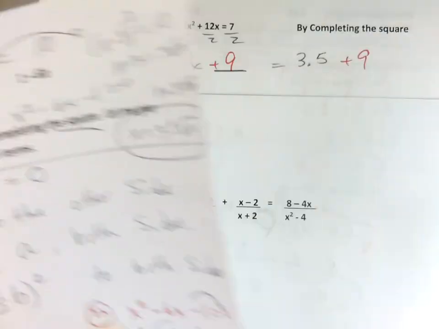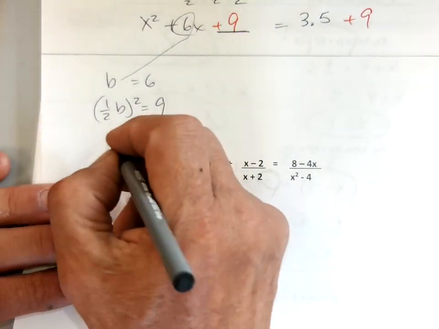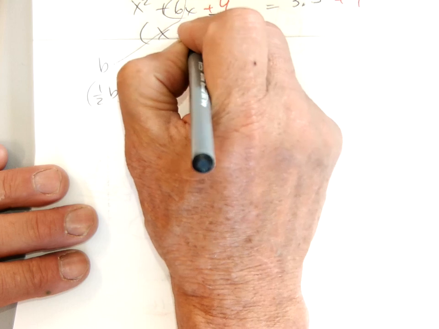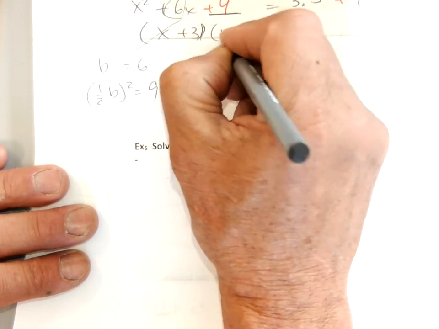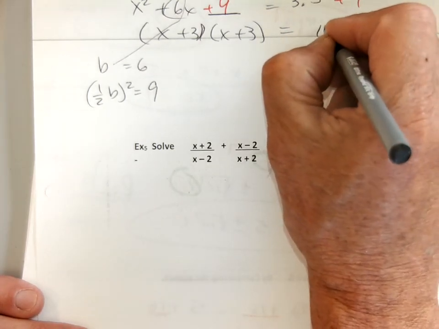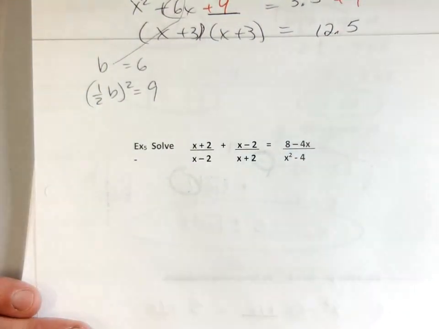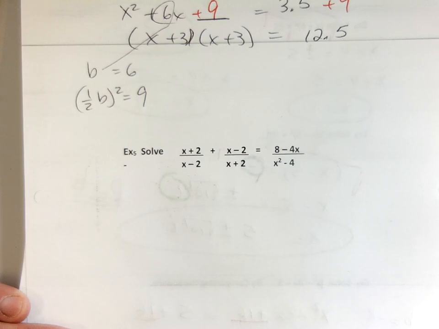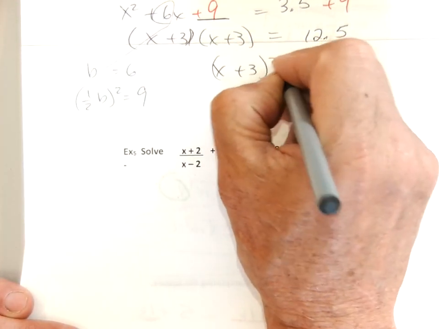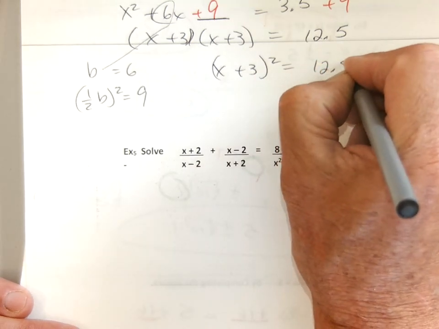Okay, now factor. I can factor. So that'll factor into x plus 3, x plus 3 equals, let's see, what is that, 12.5? Or x plus 3 quantity squared equals 12.5.